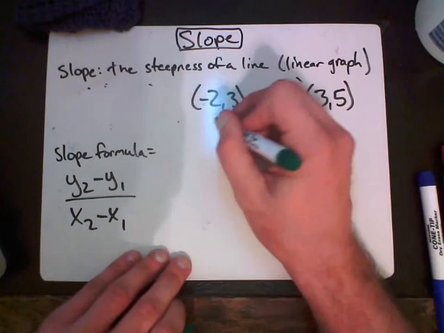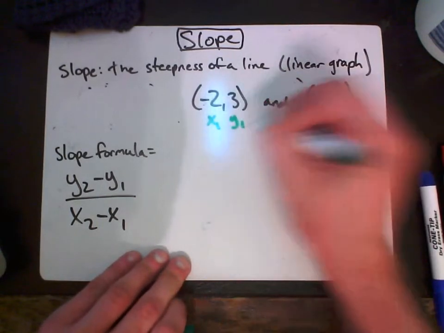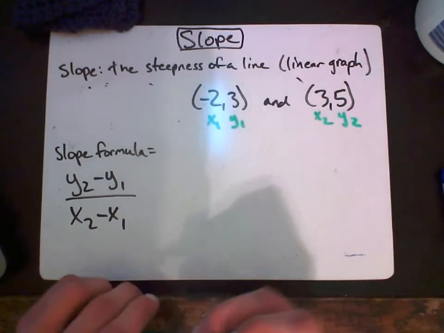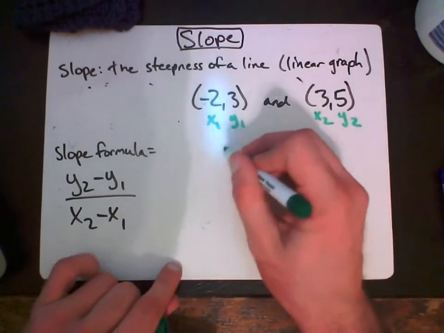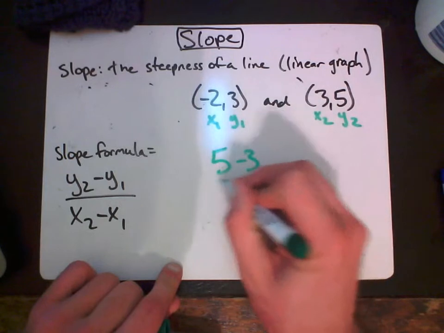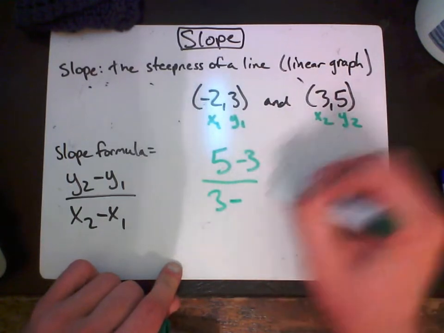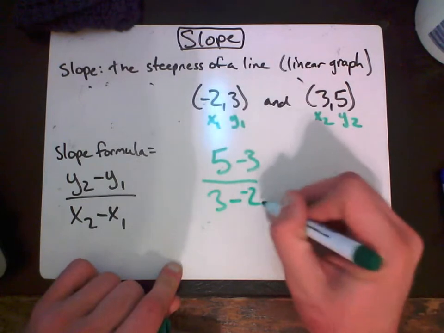Practice makes perfect, all that good stuff. x1, y1, x2, y2. Plug in my values. 5 minus 3 over 3 minus negative 2.